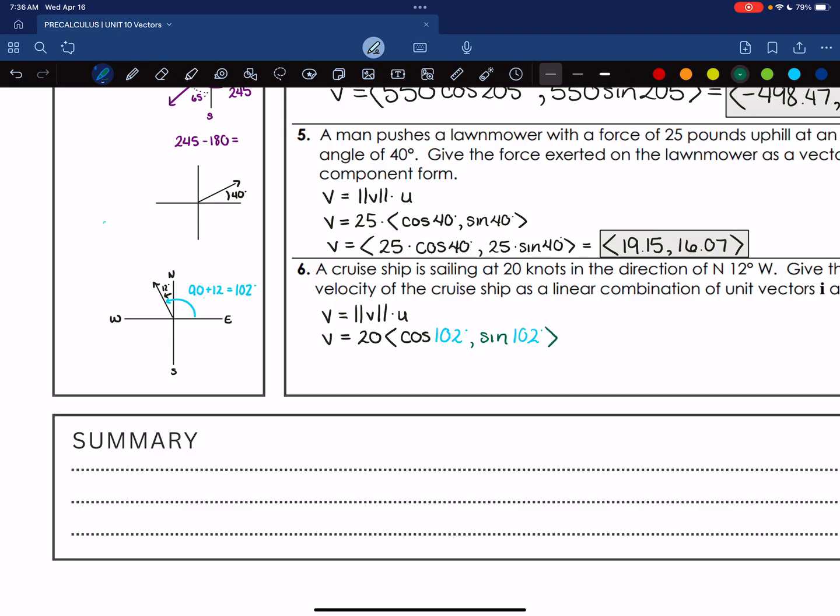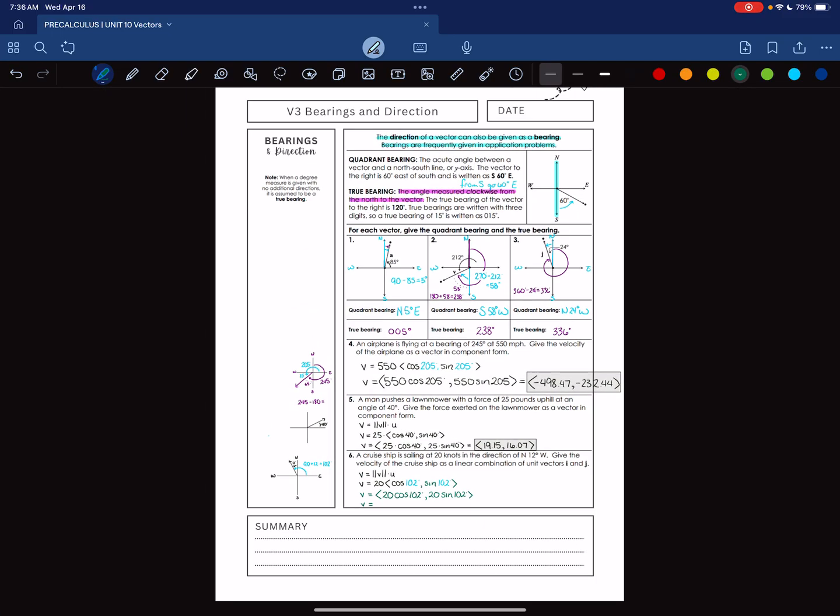Okay, so now let's begin to simplify here a bit more. It's going to be 20 cosine 102 degrees, 20 sine 102 degrees. Let's get that product. Grab your graphing calculator.